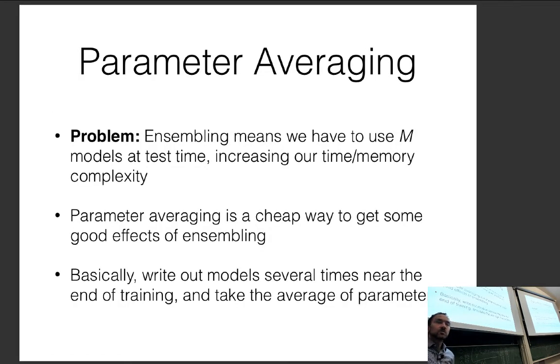Another thing that you can do is maybe not super intuitive at first, but it is kind of intuitive after you think about it for a little bit, which is, ensembling means you have to run M models at test time, and at training time you need to train M models. So this is a method where you don't even need to train M models at training time.